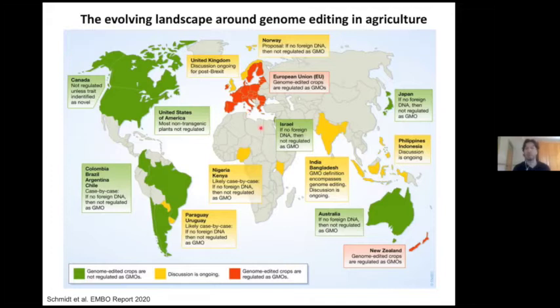But the most interesting part is all these countries in yellow that now have a regulatory process where GMOs are separated from genome-edited plants. This is very good news because these countries are on the front line of research, and probably next year there will be some news coming from those areas. So just keep an eye on that.